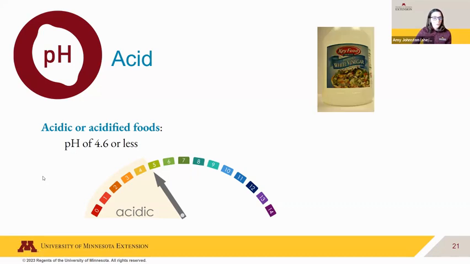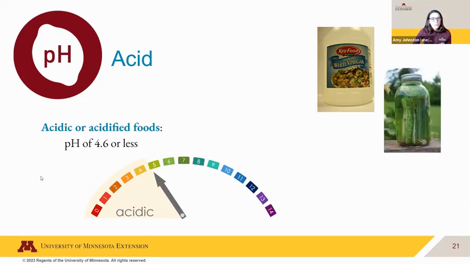So vinegar with 5% acetic acid is added to vegetables, and after a certain amount of time, an equilibrium pH is reached. This means that the acid has moved into the cells of the vegetables, so both the vegetables and the liquid are at the same pH. Pickled cucumbers, onions, carrots, and green beans are examples of some of these acidified foods.